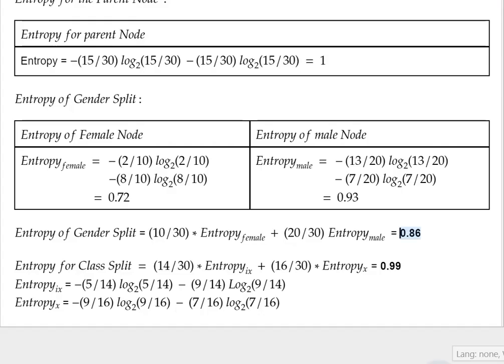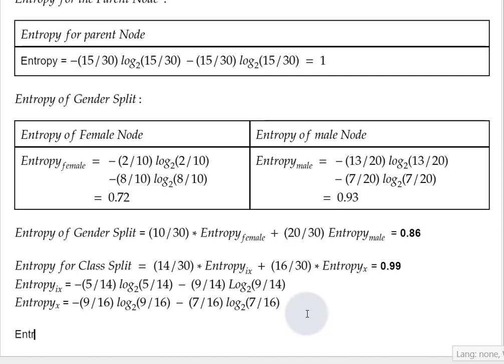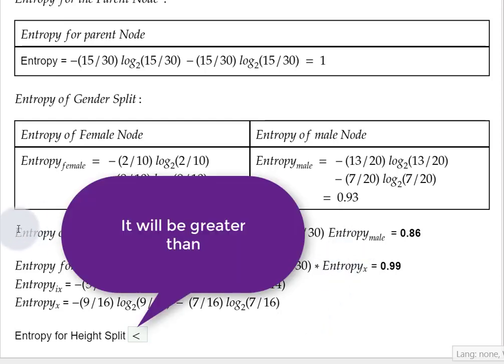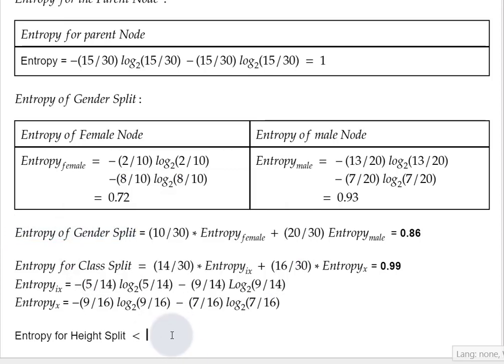And I would say definitely that the entropy for the height split will ideally be, and I have already calculated it before, less than the entropy of the gender split. I'll not do the calculation now because it will be a similar kind of calculation.